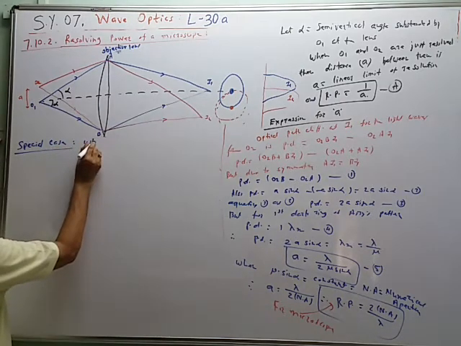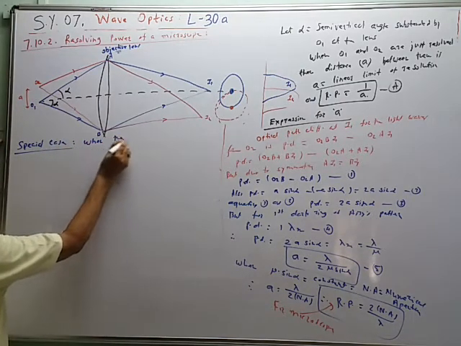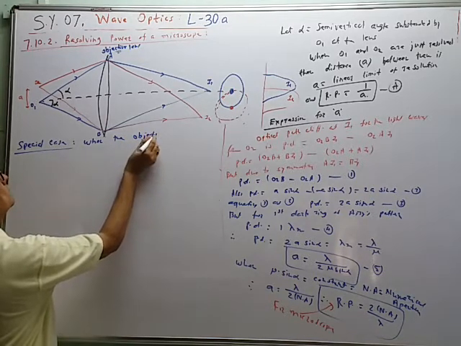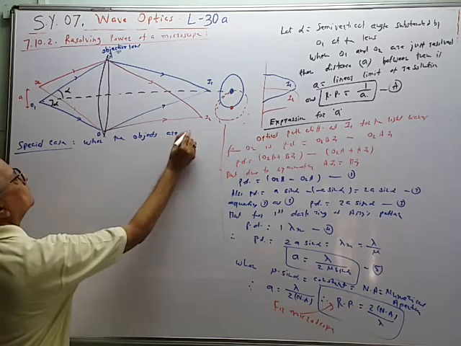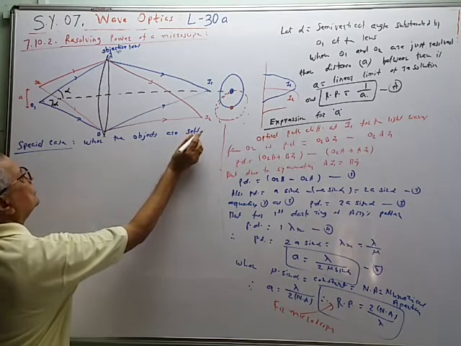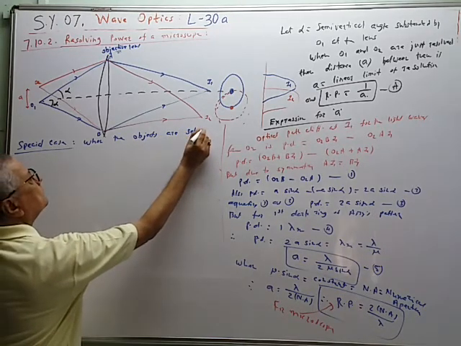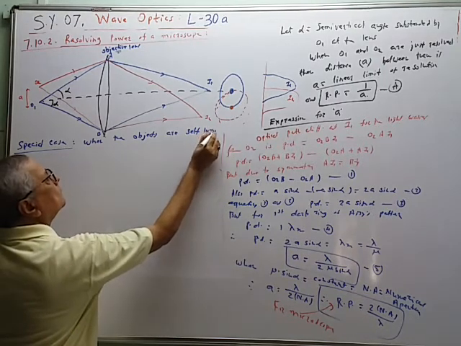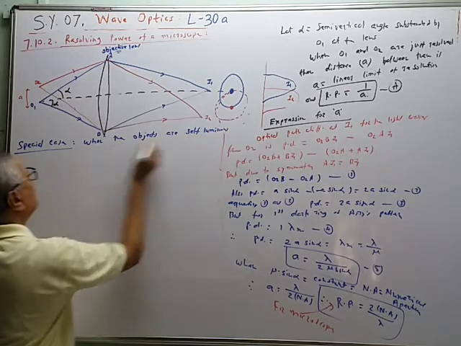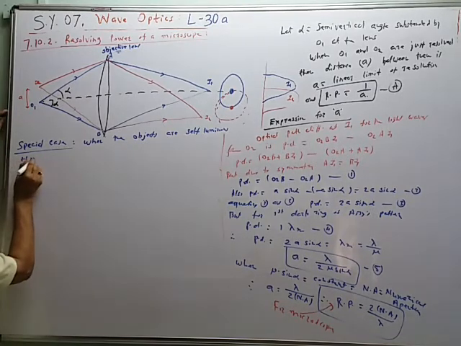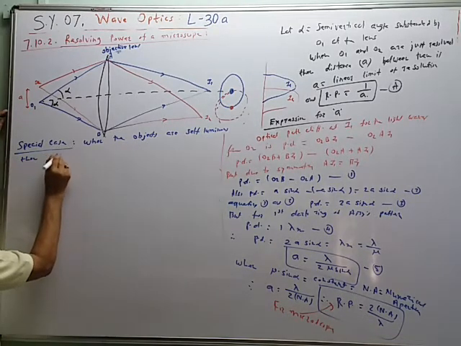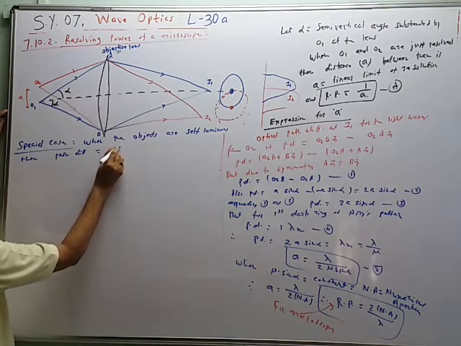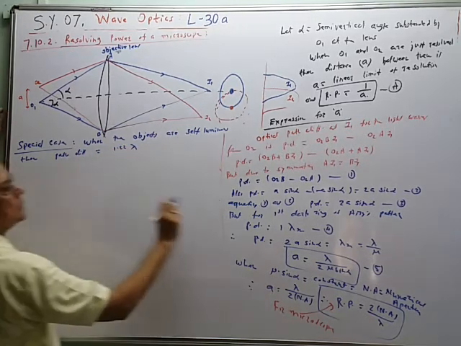When the objects are self-luminous, then the path difference is equal to 1.22 lambda.